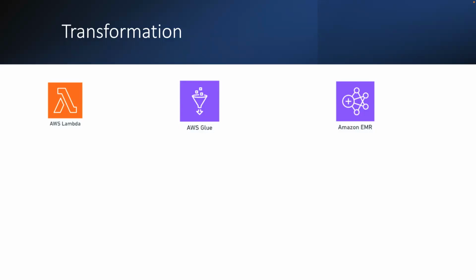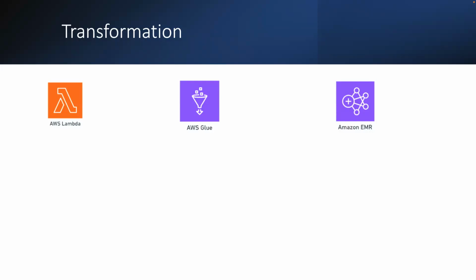And you also have AWS Glue. You would use AWS Glue for transformation as well. You can run Python or Scala code, and it's for heavier types of workloads, because it has distributed nodes.